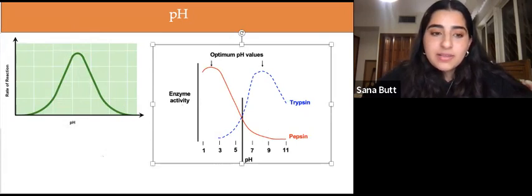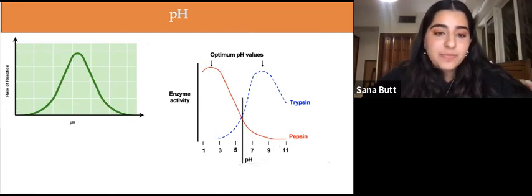And this is just because the different hydrogen in an acidic bond might interact with trypsin, but pepsin can withstand that, and so on. And then that would cause the denaturation.